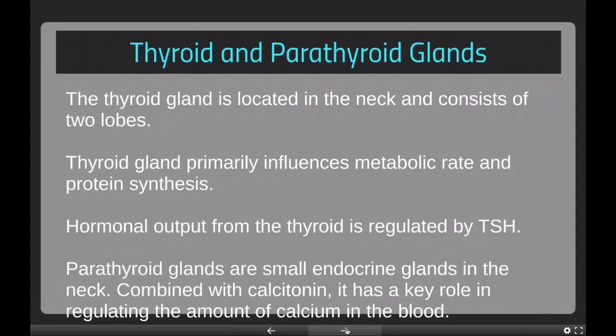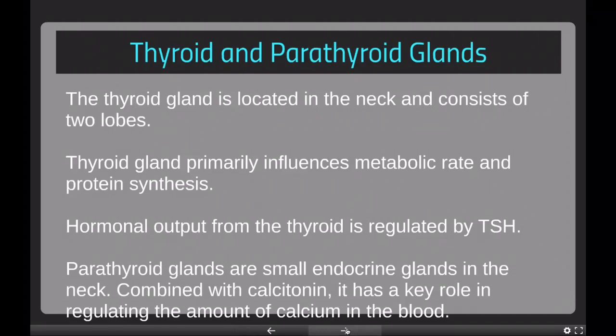The thyroid gland is an endocrine gland in the neck consisting of two connected lobes. It is found at the front of the neck below the Adam's apple. The thyroid gland secretes thyroid hormones, which primarily influence the metabolic rate and protein synthesis. The hormones also have many other effects, including those on development.